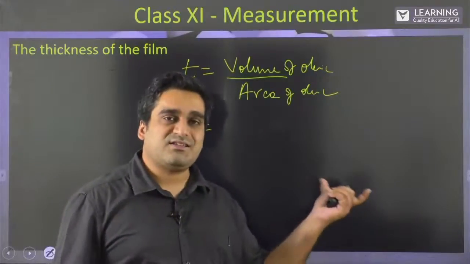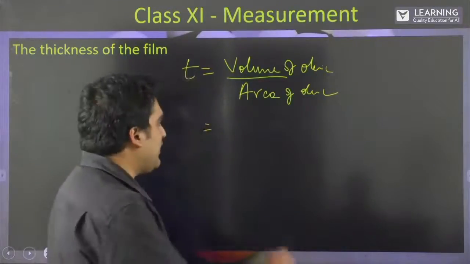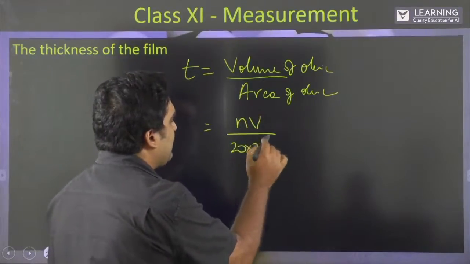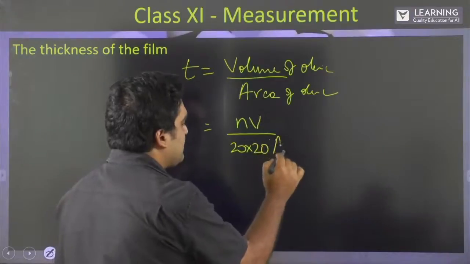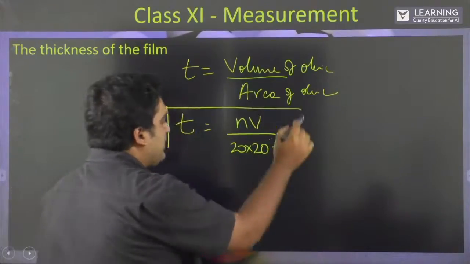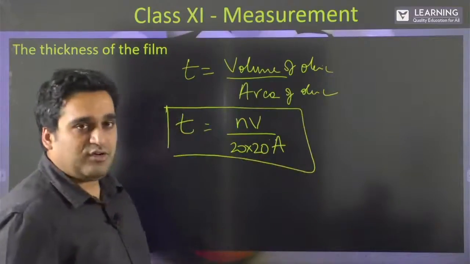Volume is n times V by 20 times 20, and the area is just A. So this is how you can identify the thickness of oleic acid.